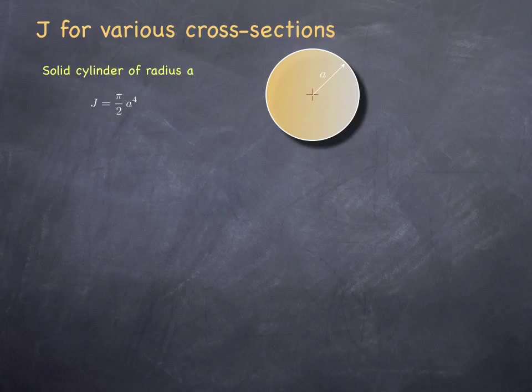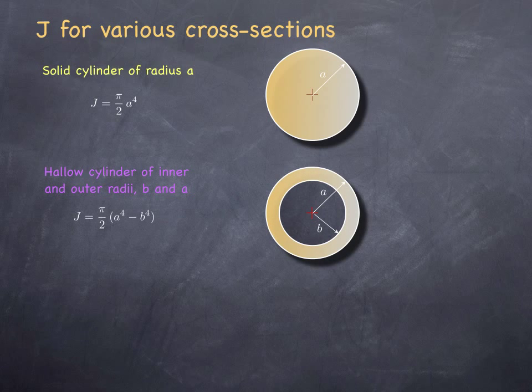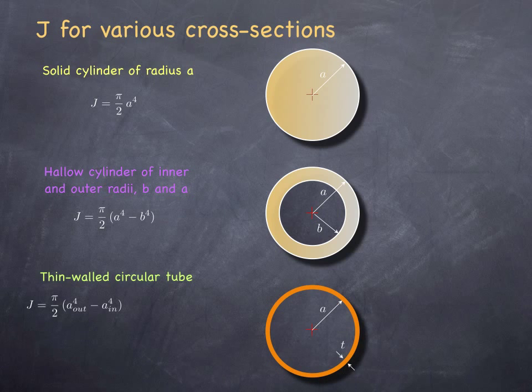And for a hollow cylinder, it is going to be pi over 2 times the difference in the fourth powers of the outer and inner radii. And you can also simplify this formula somewhat for thin-walled circular tubes.